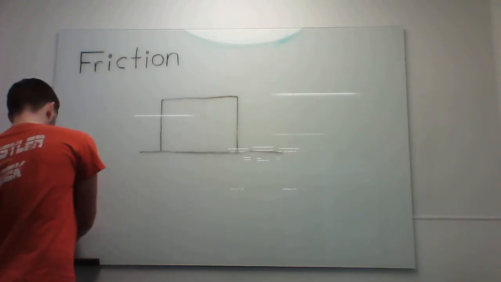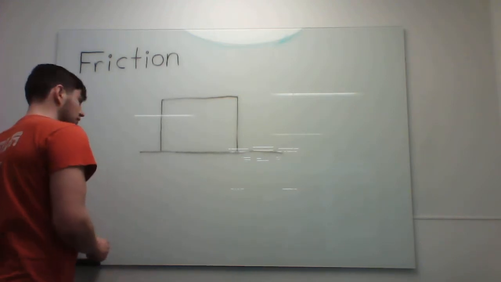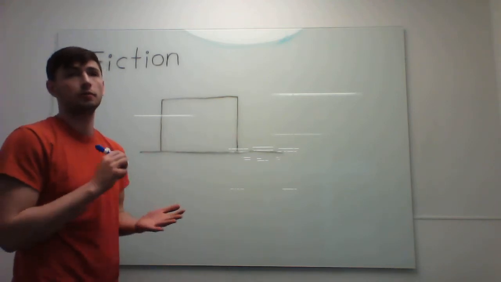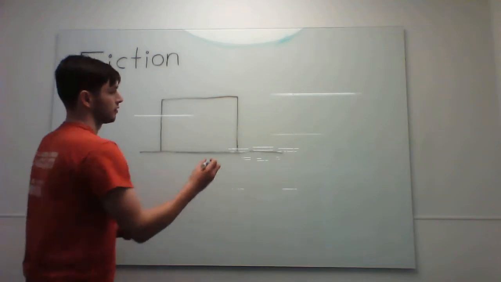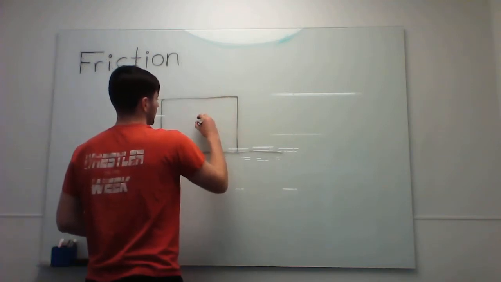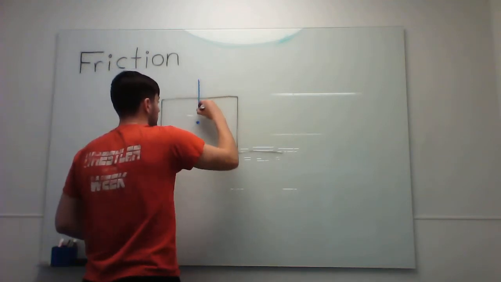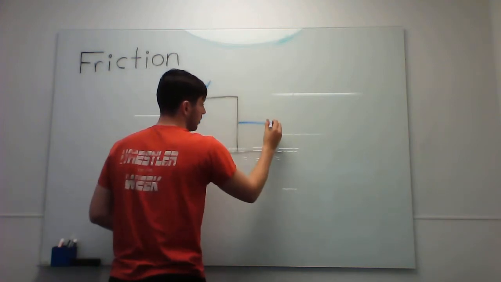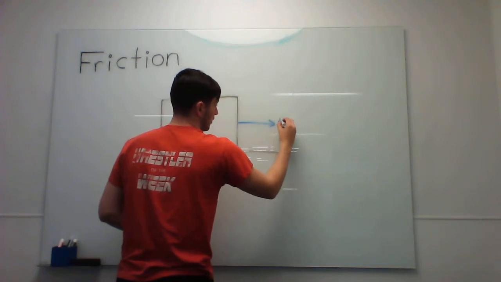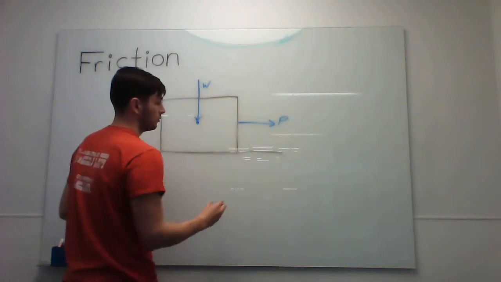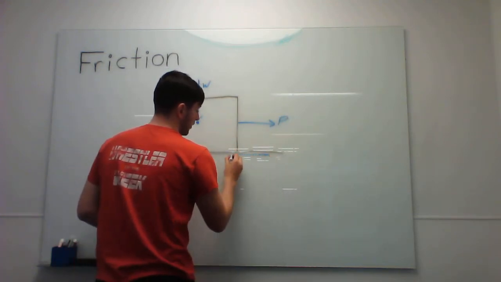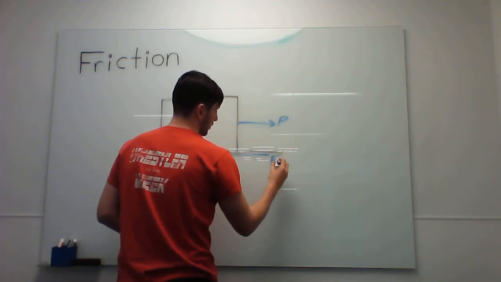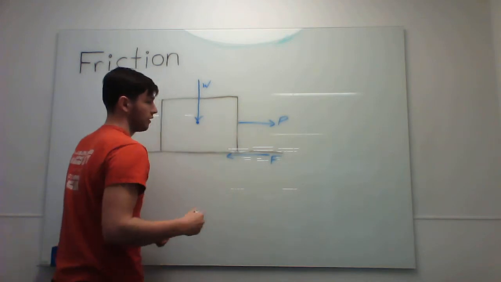And right now, we're going to be looking at it in the case that it is in equilibrium. That is, the weight of the box working with the force it's being pulled at, the frictional force, and the normal force.